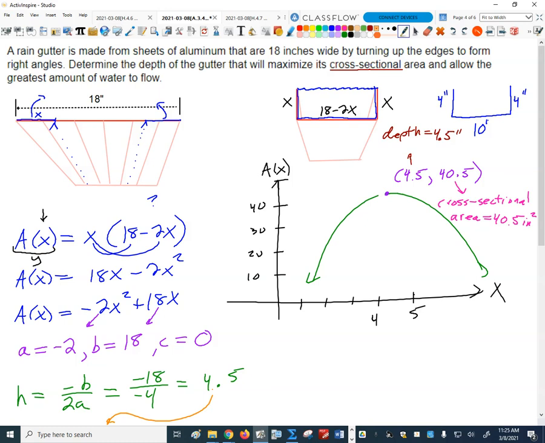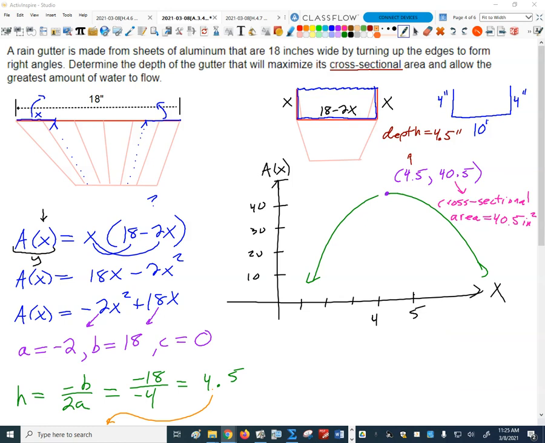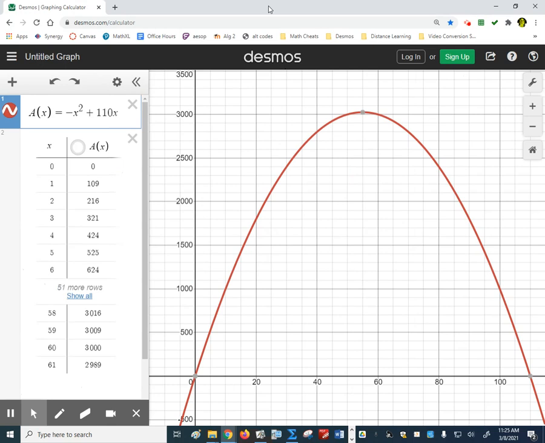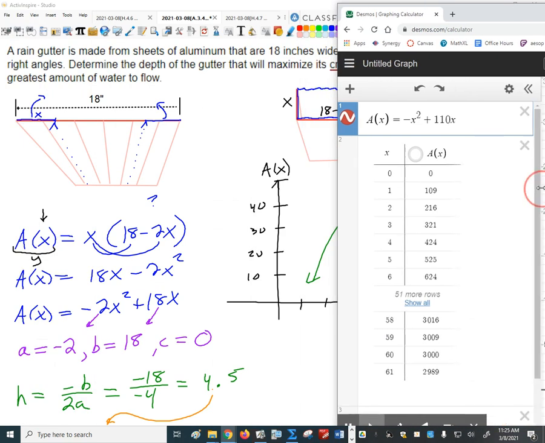I mean, I guess you could argue maybe you could go down and make a table in Desmos, but if I make a table in Desmos, look what happens. It doesn't even work this time very well. So here's my table in Desmos, right? I got to change my function this time. So this time it's negative 2x squared plus 18x.